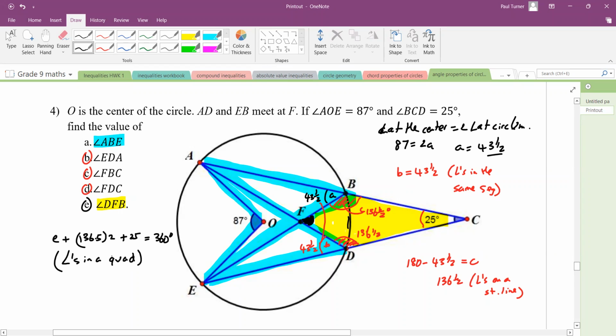And they add up to 360. And so you should get 62 degrees for your final answer. So this should be 62 degrees. A and B were 43.5. These two were 136.5.